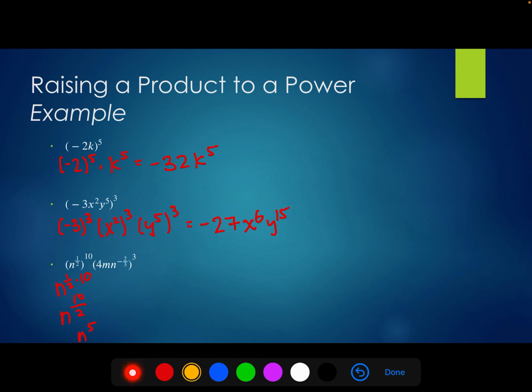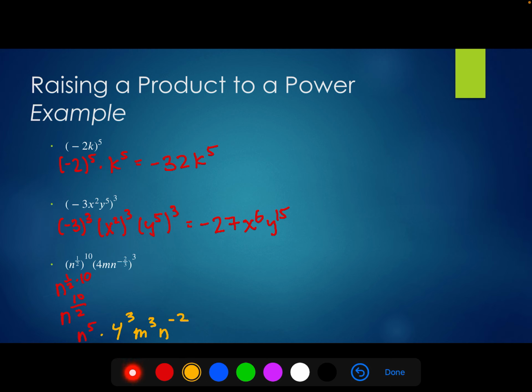So we do that, and this will give us 4 to the third power times m to the third power times n to the negative 2/3 times 3. All right, and now if we simplify this right here, that would give us n to the negative 2 power.